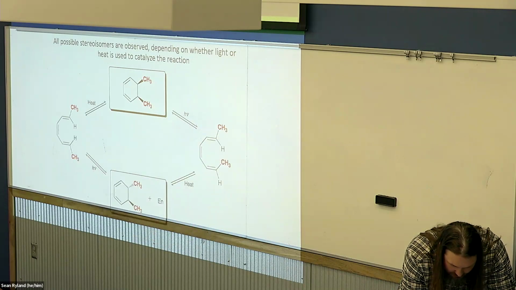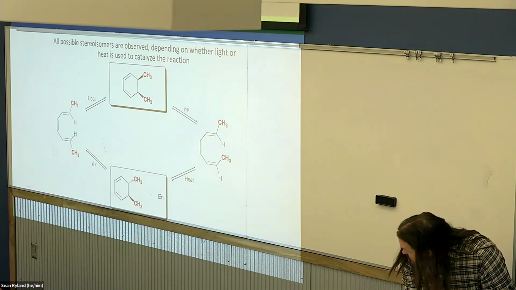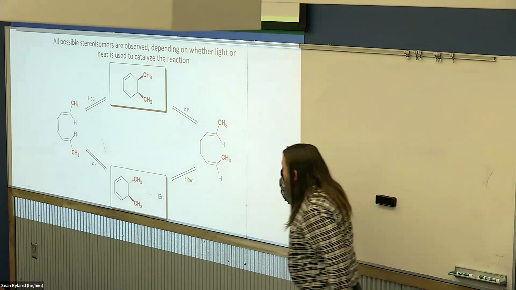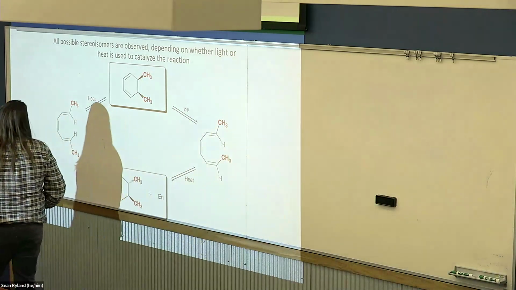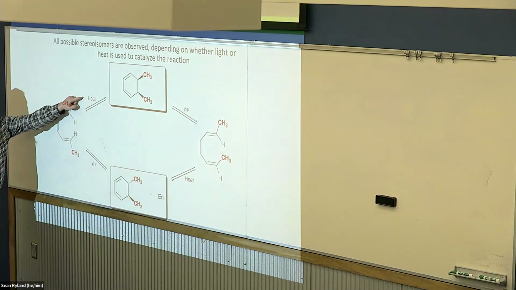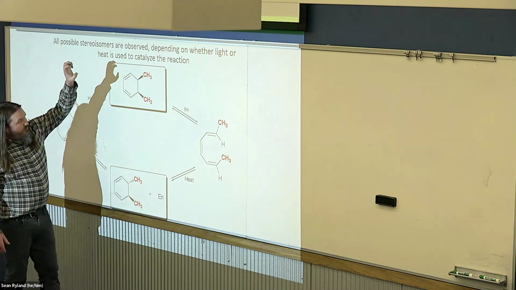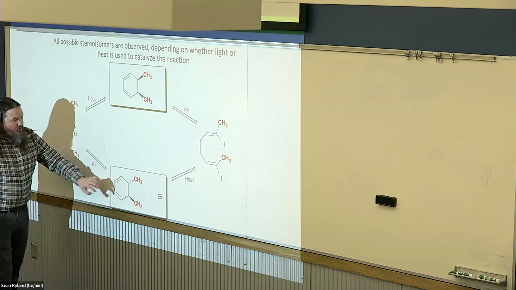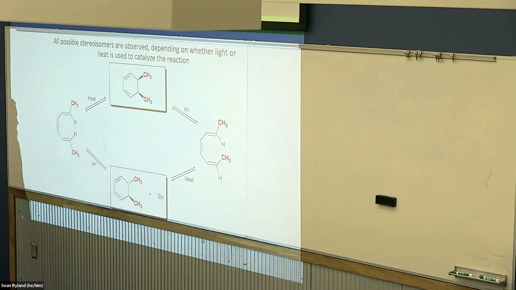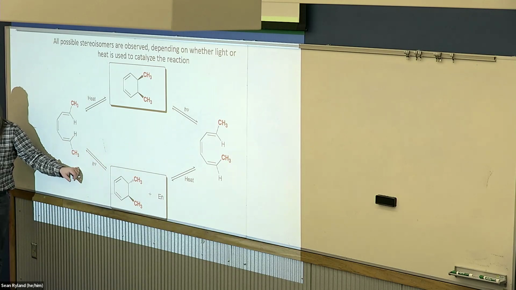However, if you catalyze this reaction with heat, you get one stereoisomer. And if you catalyze it with light, you get the opposite stereoisomer. And not just the enantiomer, you can wind up with them both being cis or have them be trans, depending on whether you catalyze the reaction with heat or light.